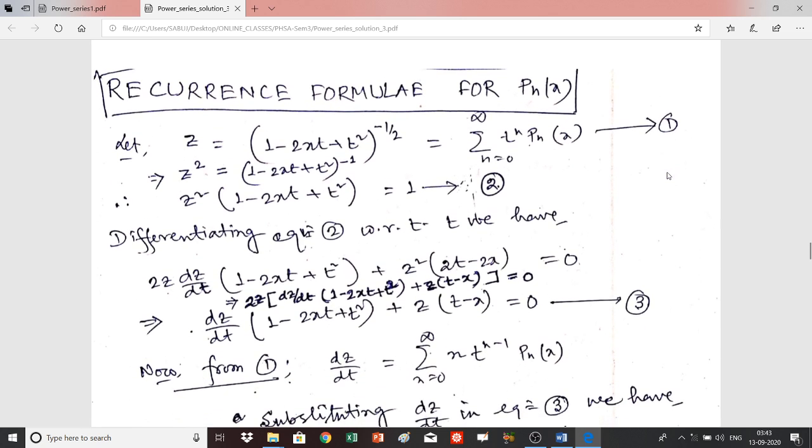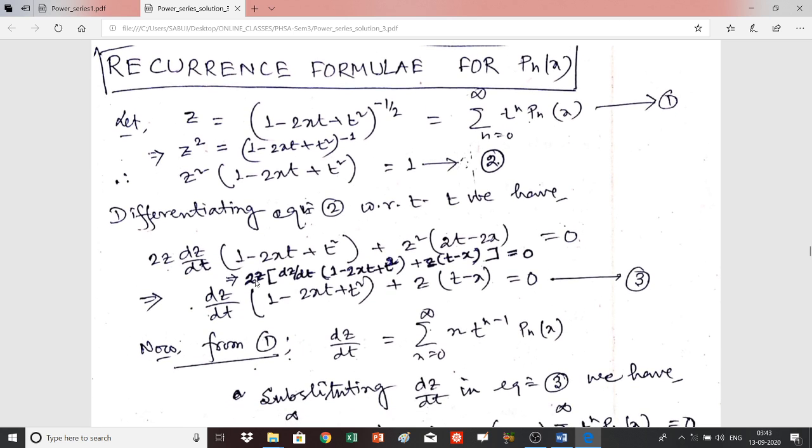Now differentiating equation 2 with respect to t, we have first 2z dz by dt times the term in t, and then plus z squared times the derivative of that term, which will be minus 2t, and then plus from the first term minus 2x and then 2t. So I write it as z squared into (2t minus 2x). You can write it in this manner, that is equal to 0.